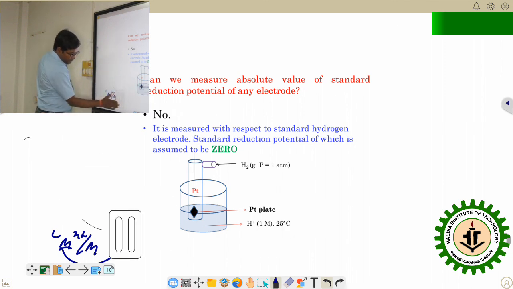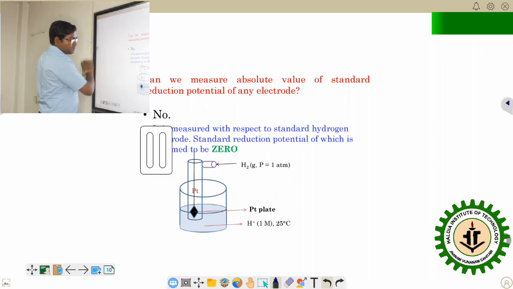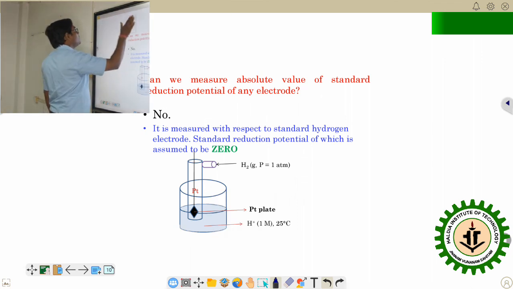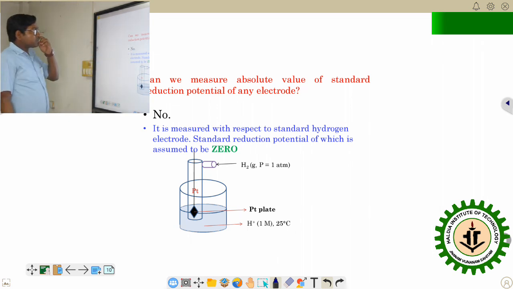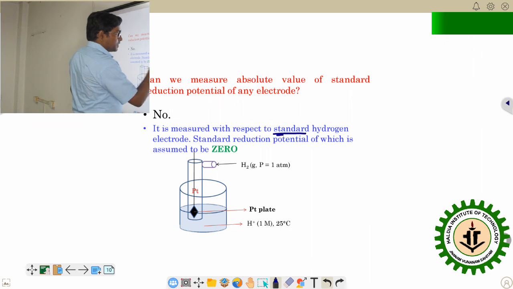That potential is normally reported in the form of the electrochemical series. From there, among any two electrodes, the one having the higher potential you place at the right-hand side as cathode, and the one at the left-hand side should have the lower potential. In this way, you can construct a cell, and we have mentioned here that under standard condition, that is the potential.